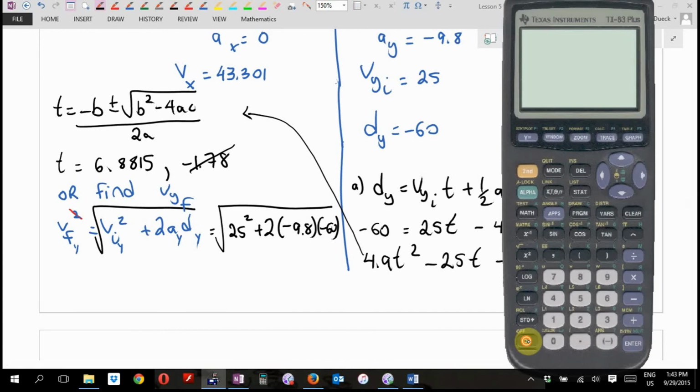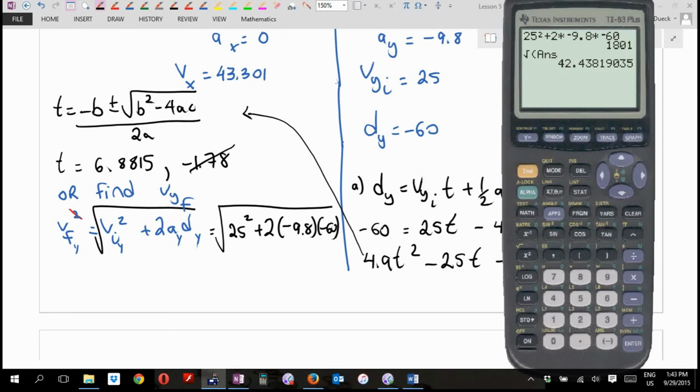I do what's inside the square root first. 25 squared plus 2 times negative 9.8 times negative 60. Square root of that. And I get Vy final is 42.4382. And this is wrong.